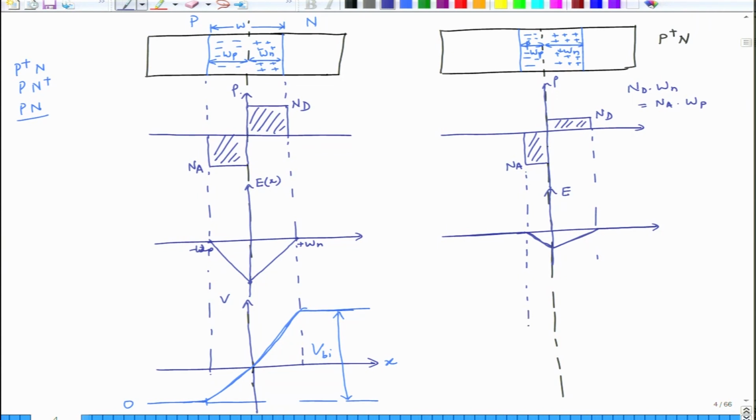Now if I look at the potential, the potential goes as, this is some level 0. I can use a different color. So it goes as something like this.